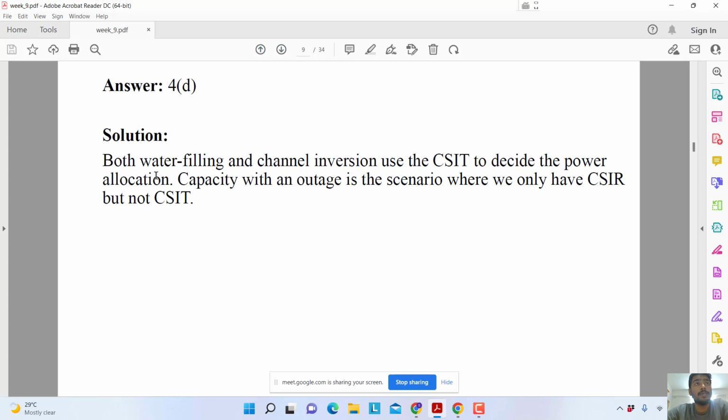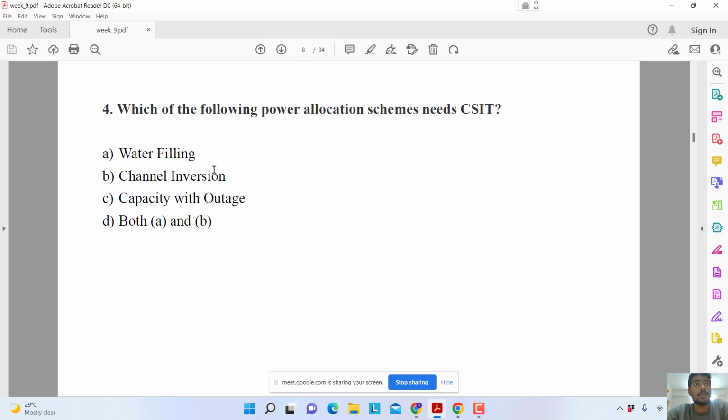Basically, the explanation is that both water filling and channel inversion use the CSIT to decide the power allocation, while capacity with outage is the scenario where we can only have CSIR but not CSIT. So water filling and channel inversion is right, and the right option will be D.